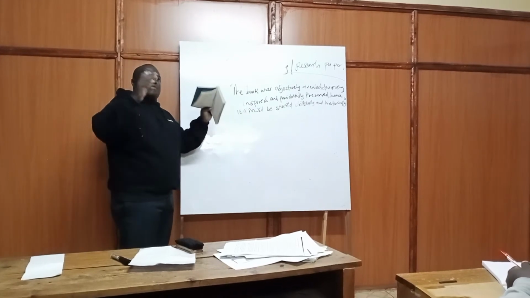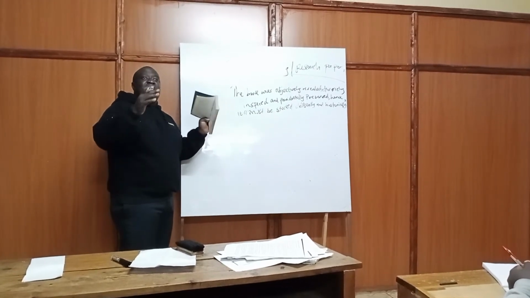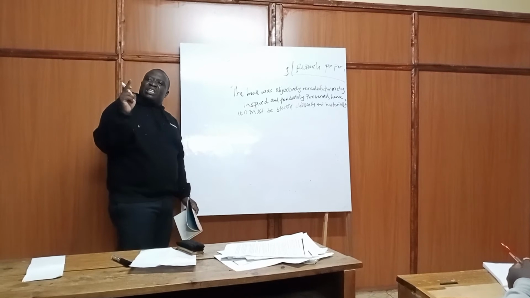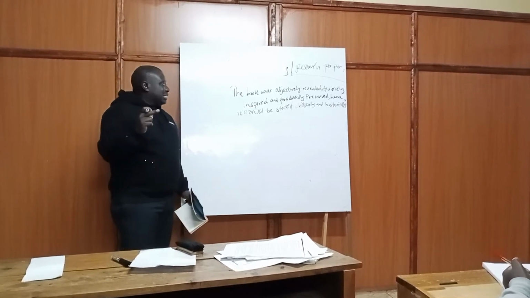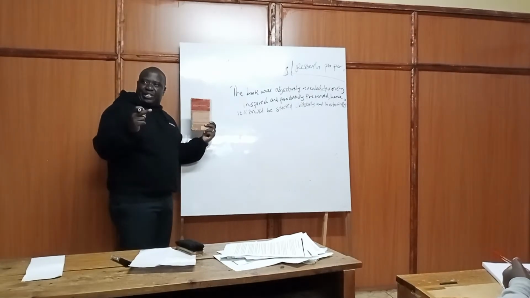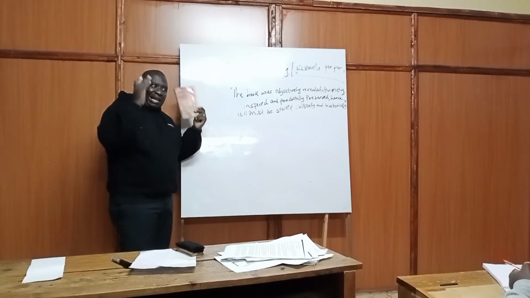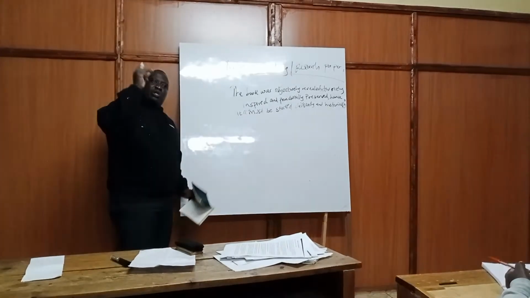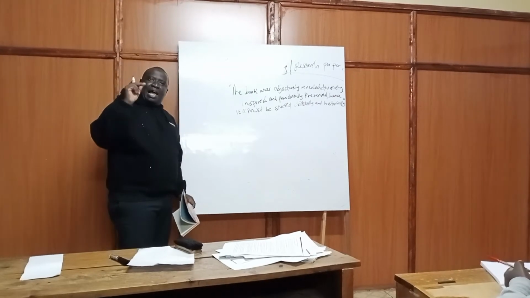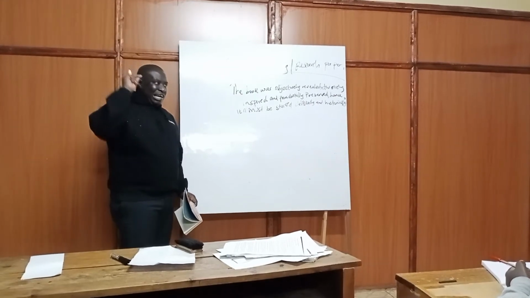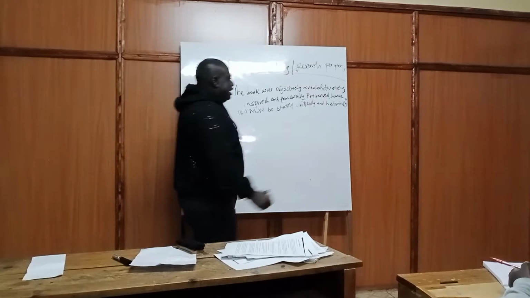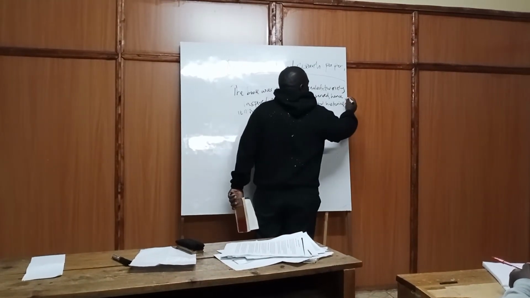I have put the inverted commas because I have copied directly. The other one I was paraphrasing. But when you copy directly, you are supposed to put the inverted commas to imply that you have copied directly from the Bible. In Turabian footnotes, you put number 1.